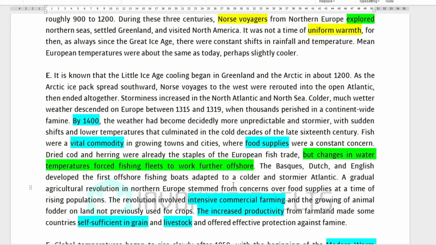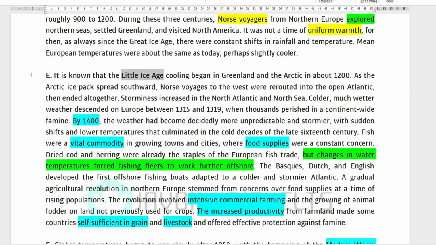The fishing fleets are a group of ships that fish together. Okay, so who did it? It is known that the Little Ice Age cooling began in Greenland.